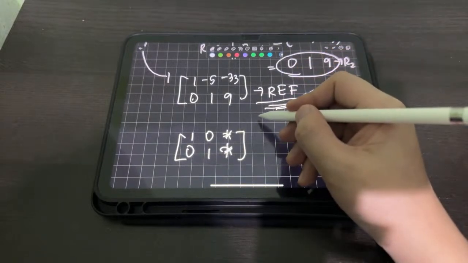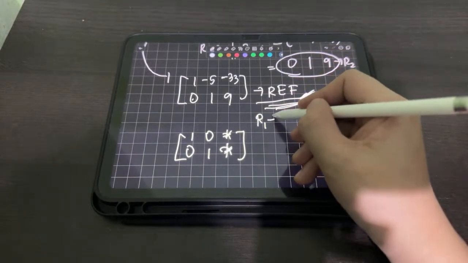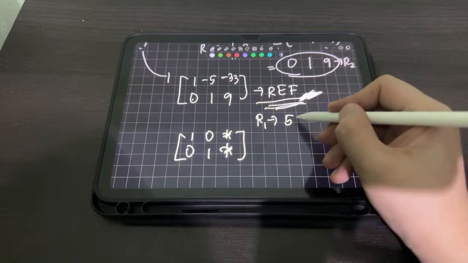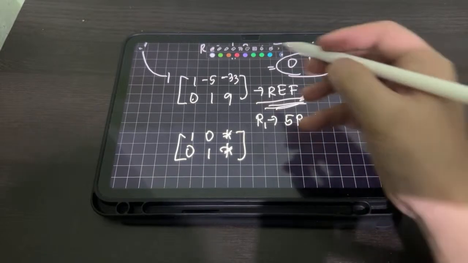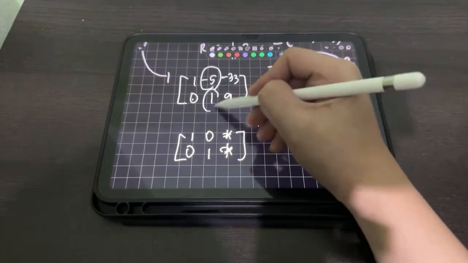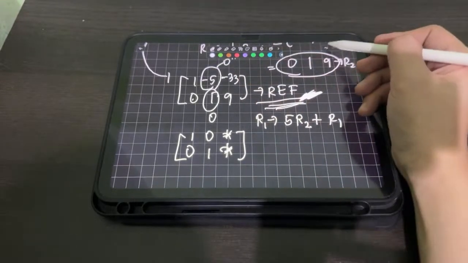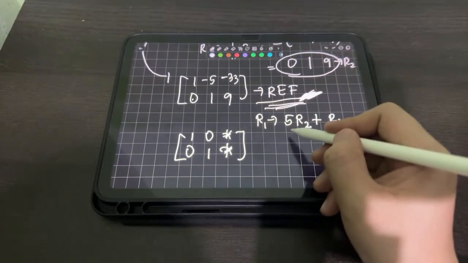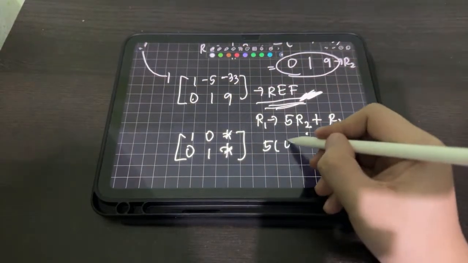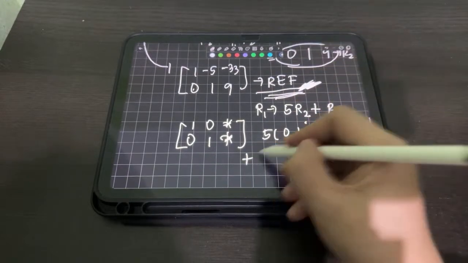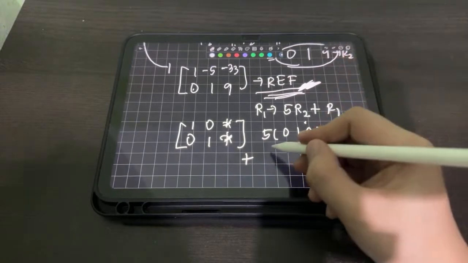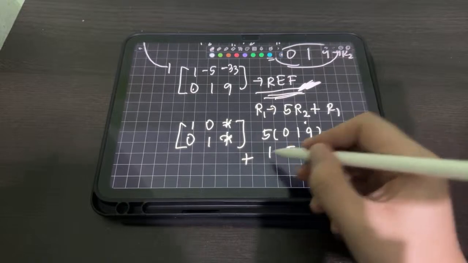If we apply the operation, the new R1 will be 5 times the entries in row 2 plus the entries in row 1, so that you have -5 plus 5, 0. So we will have 5 times the entries in R2, 0, 1, 9, plus the entries in R1, 1, -5, -33.